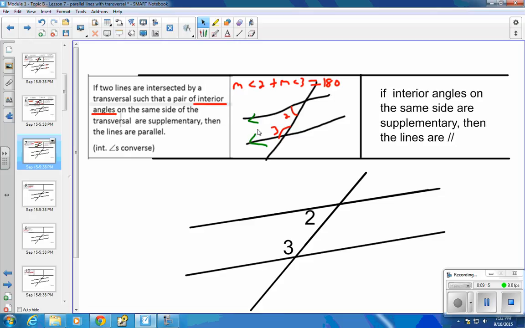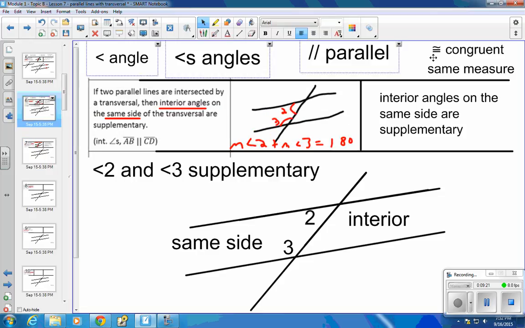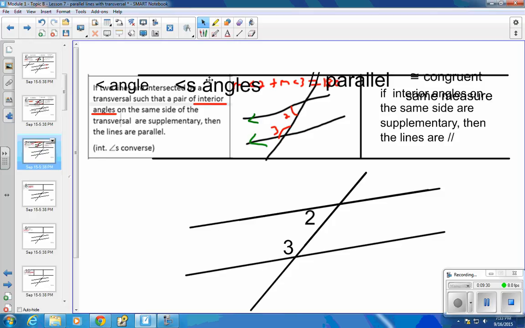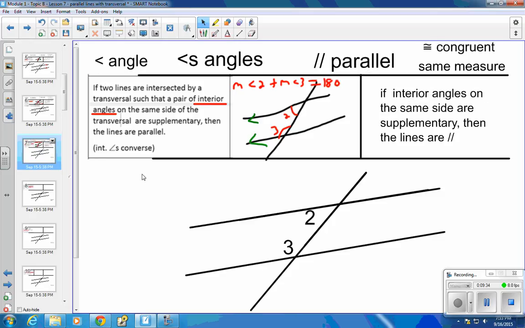And remember that little thing right there, those symbols represent two parallel lines. Okay, let's move those over here, put them on here, and go to the next slide.